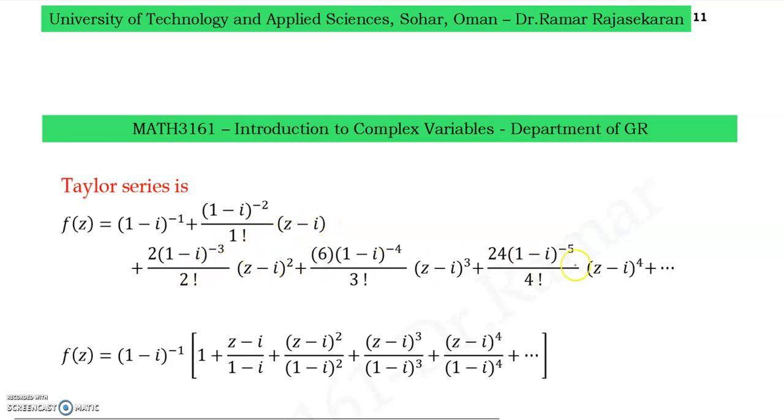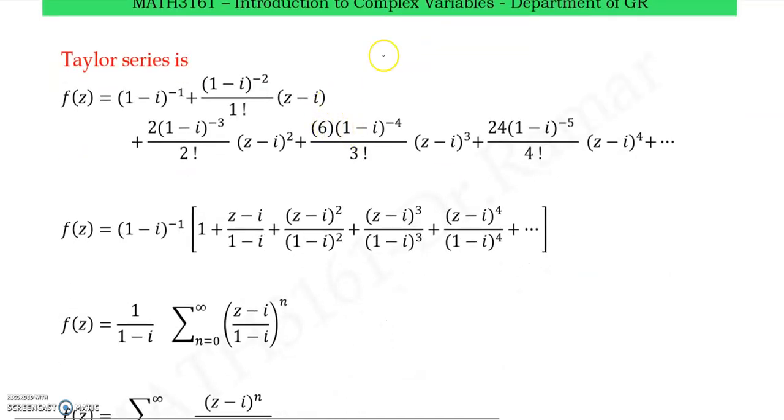Similarly, I write all the terms. In the exam, at least write 4 derivatives. That is easy to convert the series into summation form. Easily you can identify what the series is. So I am doing 4 derivatives and finding the 4 derivative values at the given z0 also. Then I replace it here.